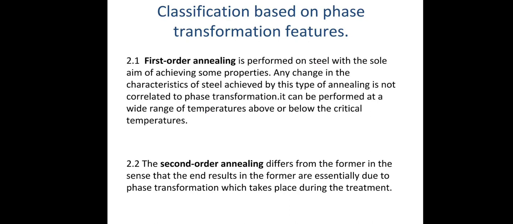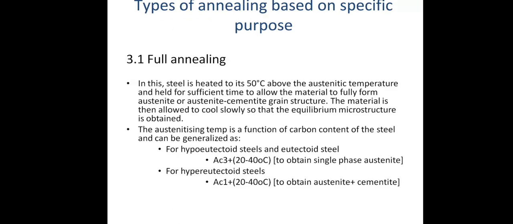It can be performed at a wider range of temperature, above or below the critical temperature. The second order annealing differs from the former in the sense that the end results are essentially due to phase transformation which takes place during the treatment.